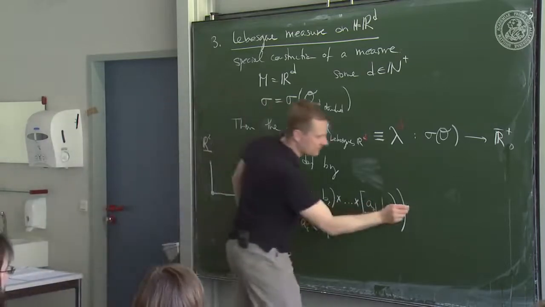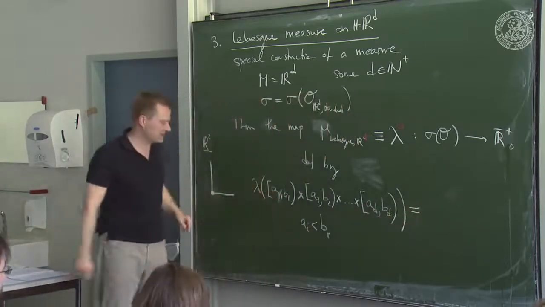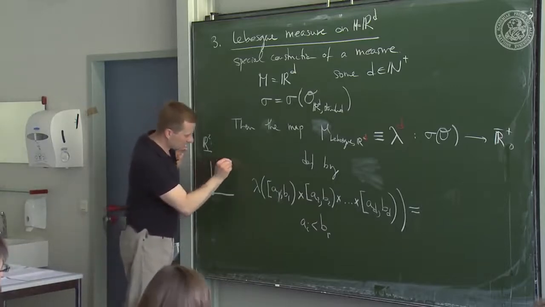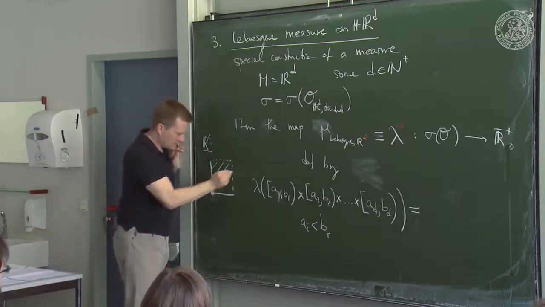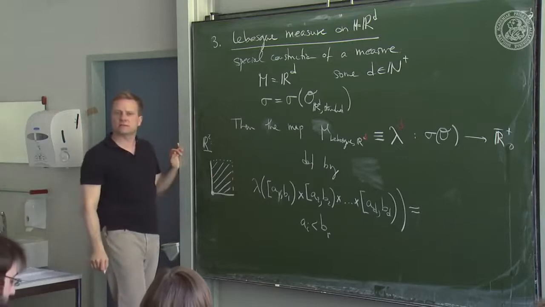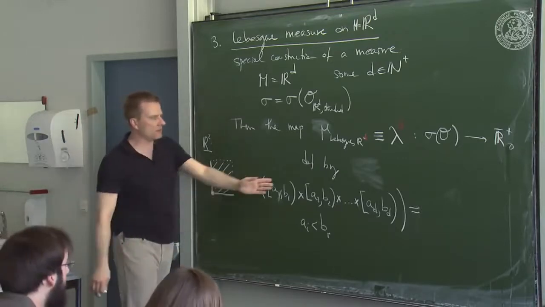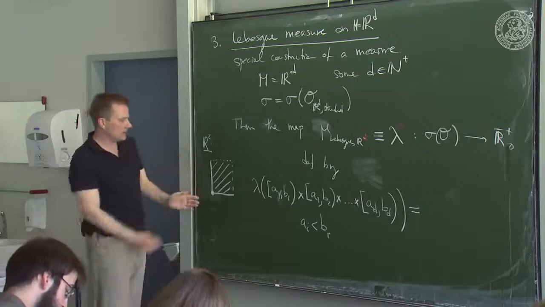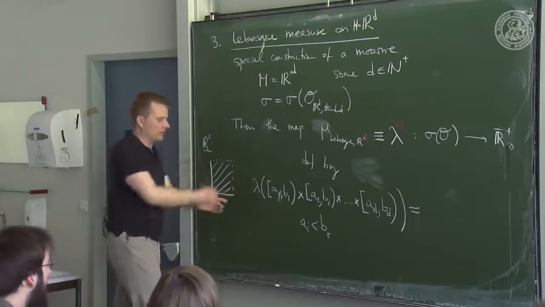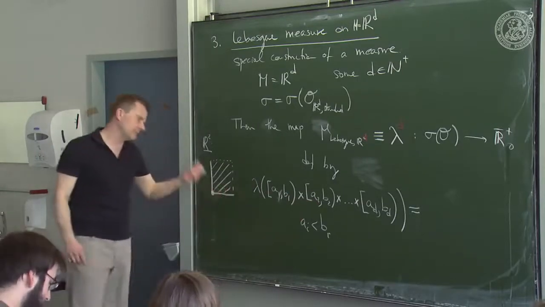Anyway, I'm not finished yet. So after I wrote here, we can discuss. It's obviously something like this, right? It's a box in R^D, and always the lower limit, the lower one, is included.